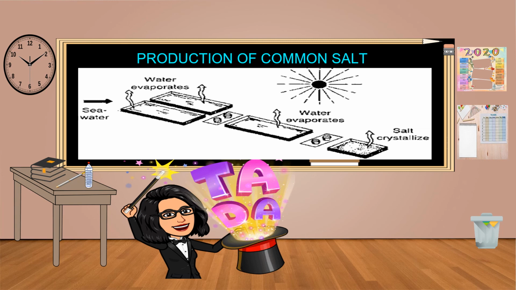Students, if some moisture remains in the pit, we will get crystallized salt, but if the whole amount of water moisture has evaporated, we will get powdered salt. Students, it's really interesting to know that we can produce common salt ourselves.